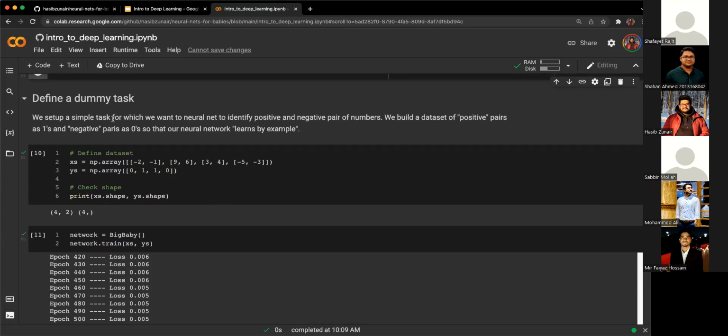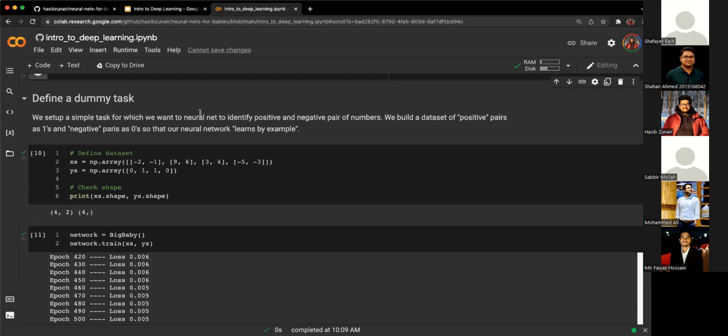Let's say now, for example, we want to solve a task, right? So in this really simple example, the task is basically given 2 numbers, we want the neural net to say whether it's positive or negative. Since you cannot feed in strings to your neural net, we convert them to numbers.